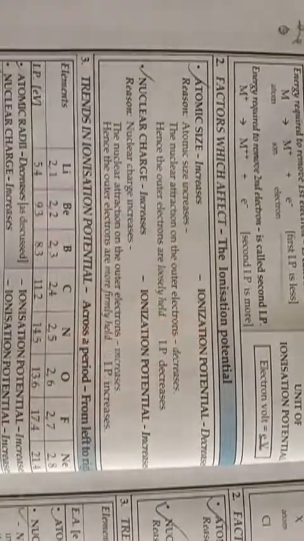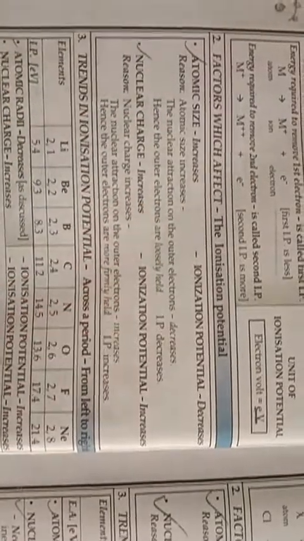Factors which affect the ionization potential, very important. First is atomic size. As atomic size increases, ionization potential decreases. Okay, children, reason: as atomic size increases, the nuclear attraction on the outer electrons decreases.